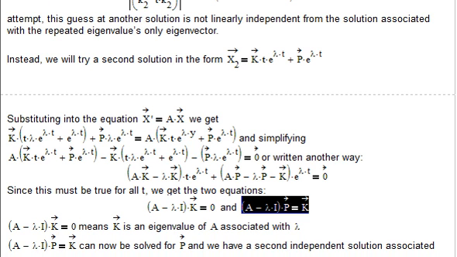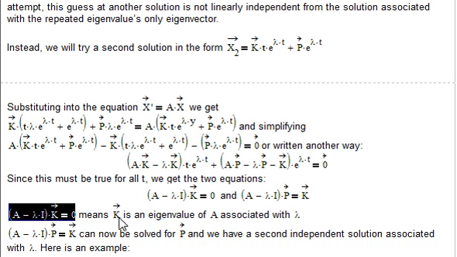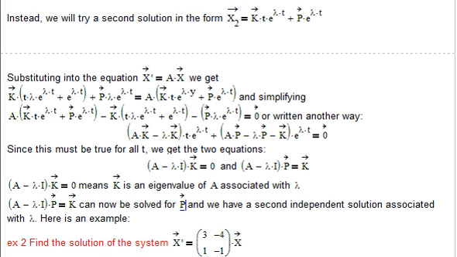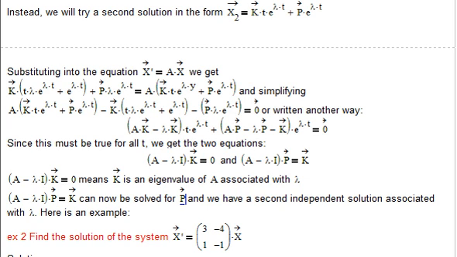So we already got our associated eigenvector k, the one associated with lambda. Remember, the problem is lambda had higher multiplicity, and we needed another eigenvector. So we can now solve this equation for p, and then we have a second linearly independent solution associated with lambda. Here is an example. Next video.